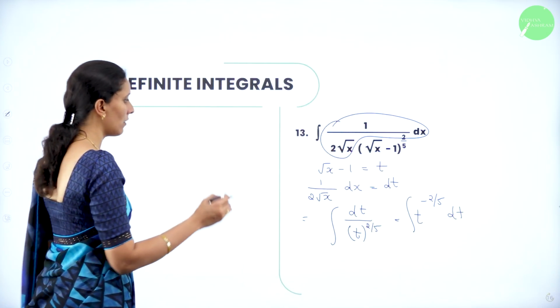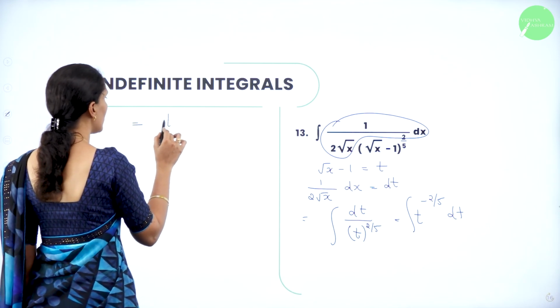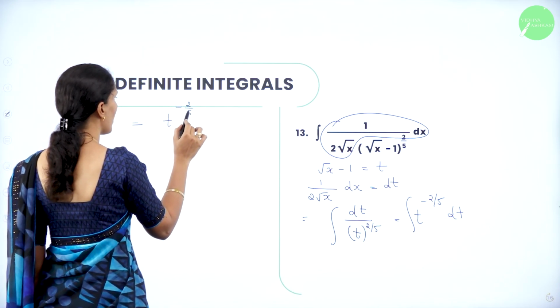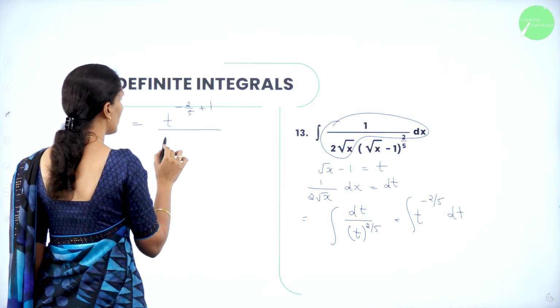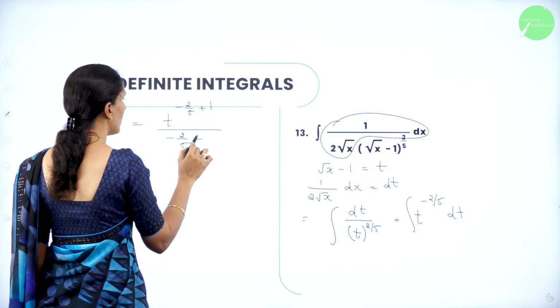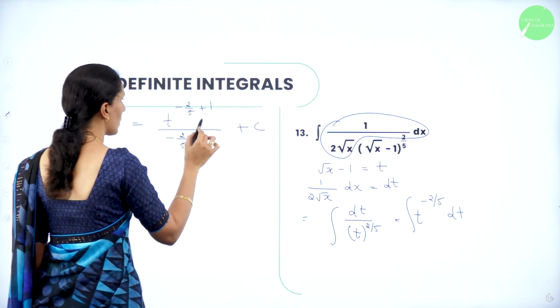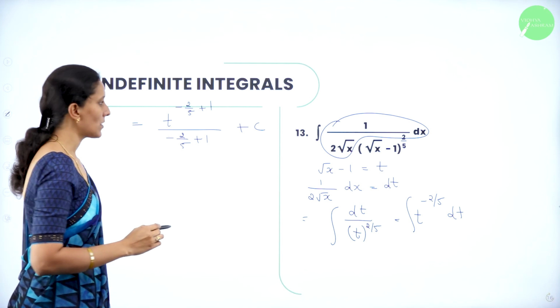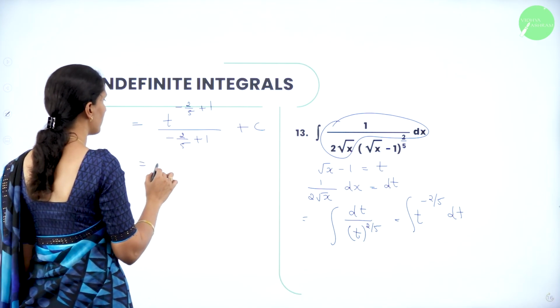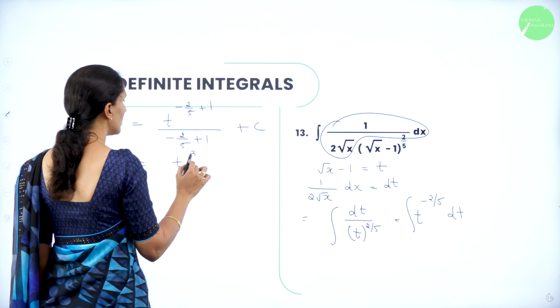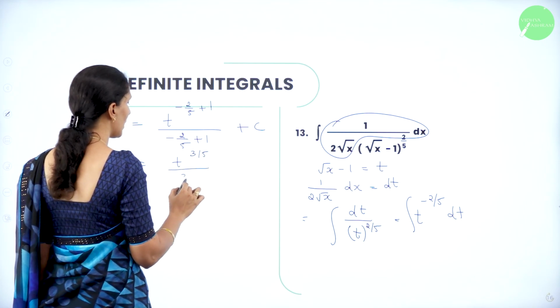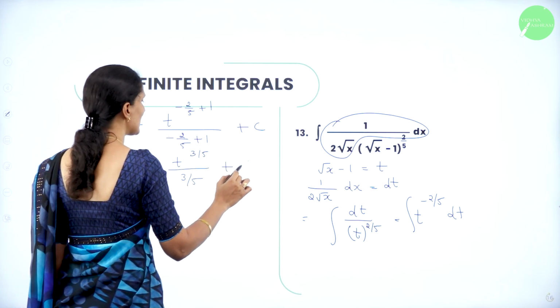Now apply the integral value. It becomes t to the power minus 2 by 5 plus 1, divided by minus 2 by 5 plus 1, plus c. What is minus 2 by 5 plus 1? It is 3 by 5. So t to the power 3 by 5 divided by 3 by 5 plus c.